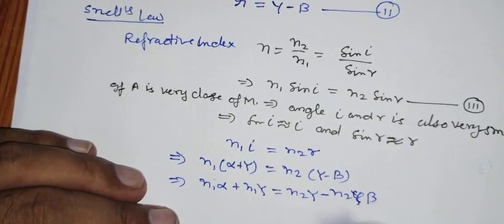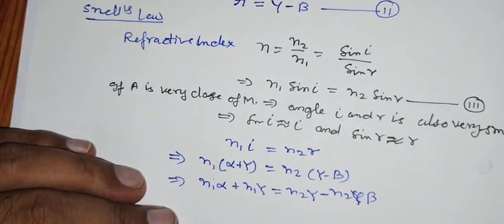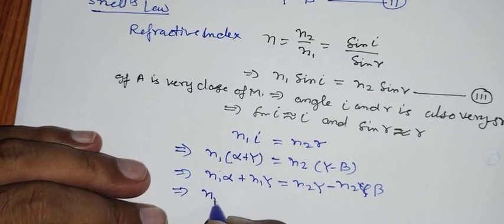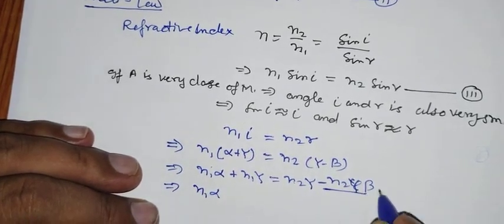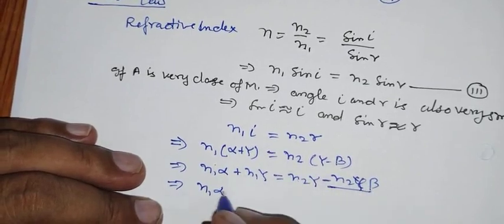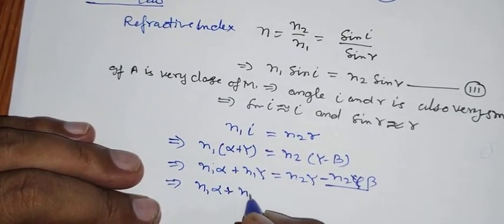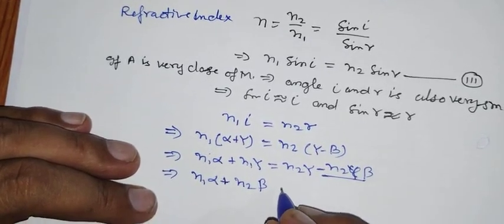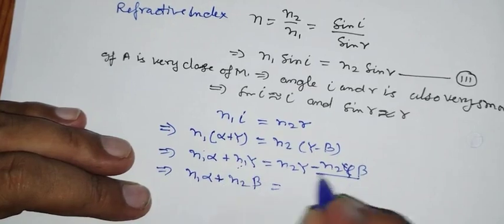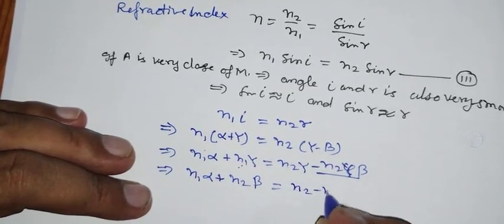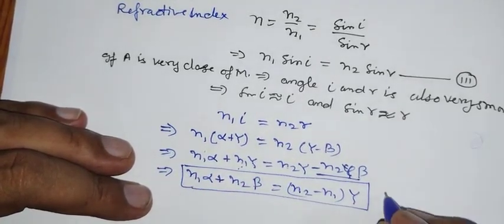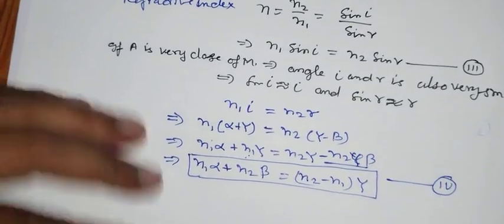Now what to do with this? We take alpha and beta on one side and gamma on the other side. The term n2 beta, shifting to the left-hand side, keeps its sign, so n1 alpha plus n2 beta is equal to n2 minus n1 gamma, shifting n1 gamma to the right-hand side. This is equation number 4.